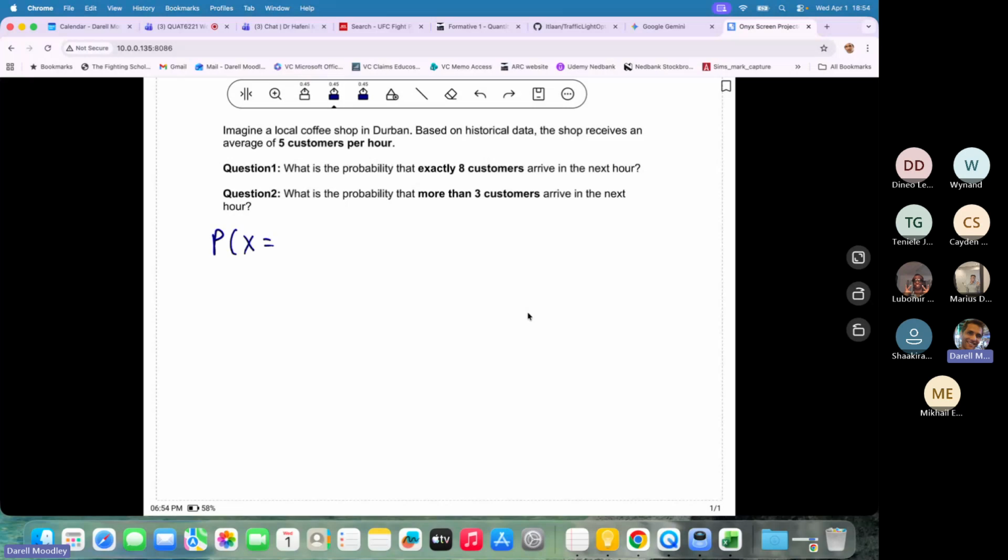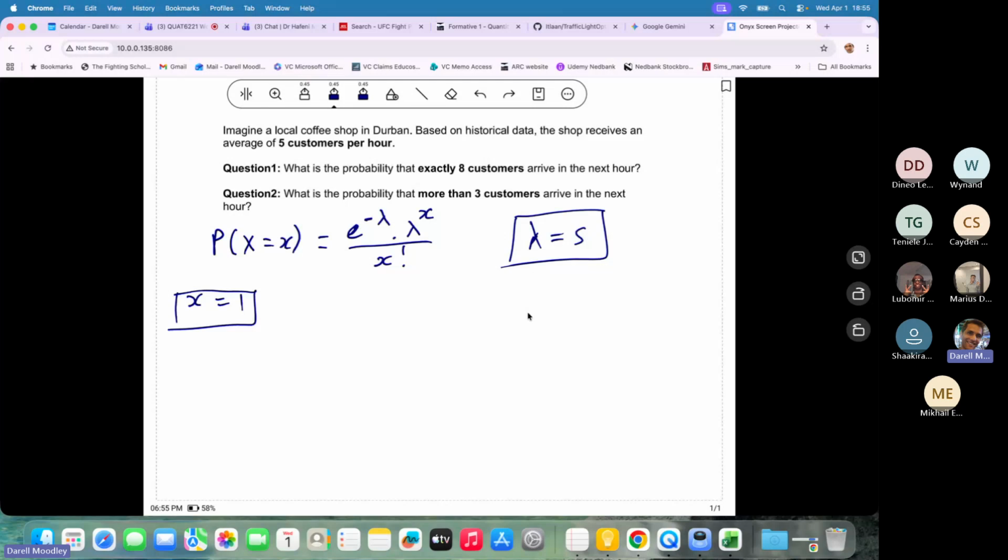Probability of x equals e to the minus lambda times lambda to the x, all over x factorial. Now lambda in our question is 5, and let's say x is 1. So we want to work out the probability of x equals 1 using this equation here.